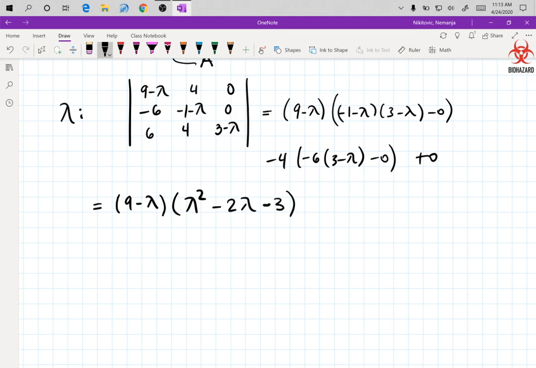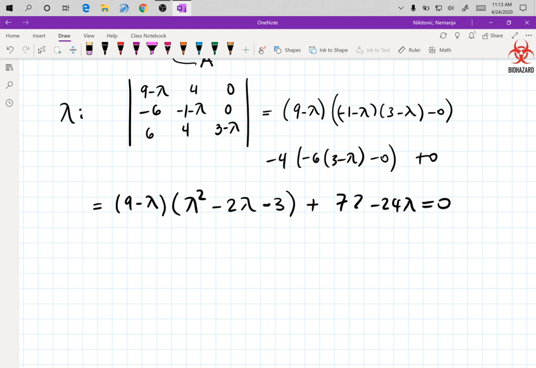And then in this one I have 24 times 3, so plus 24 lambda minus 72, equals 0.